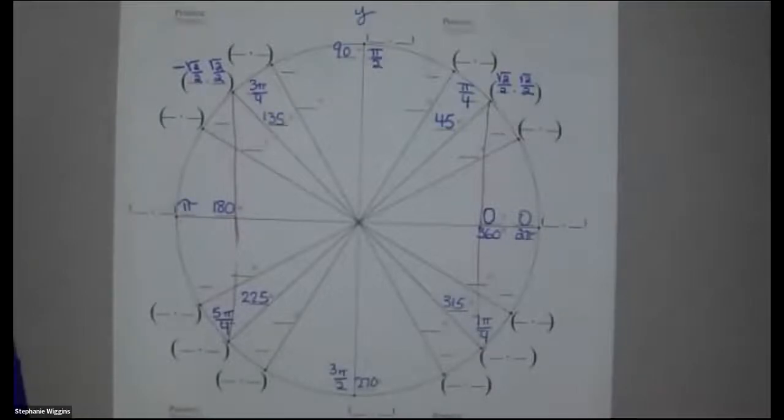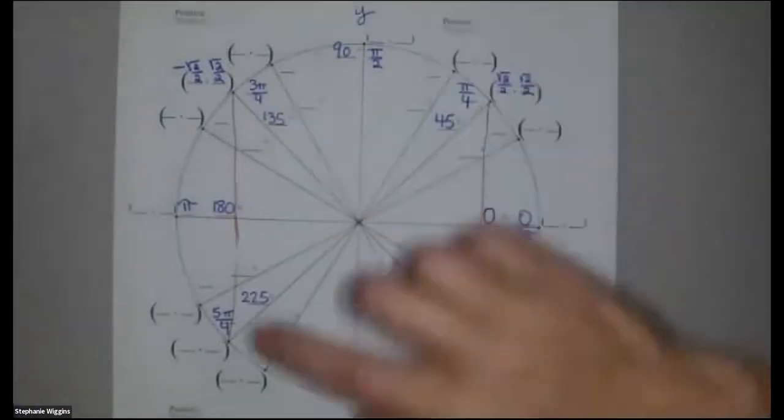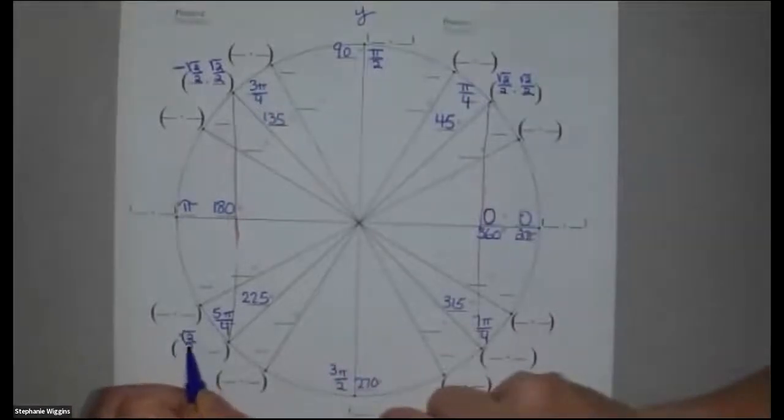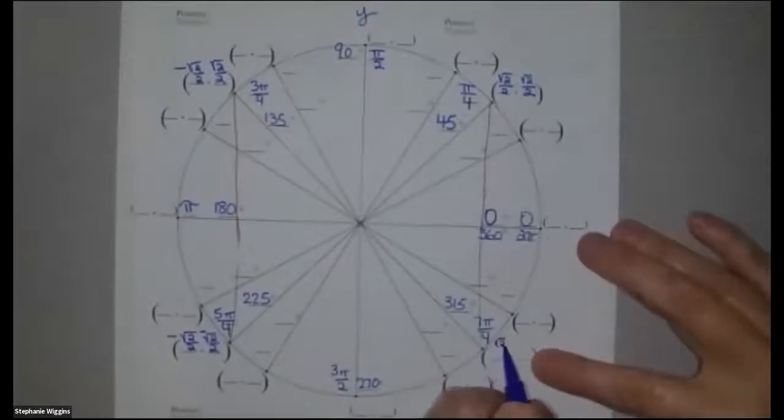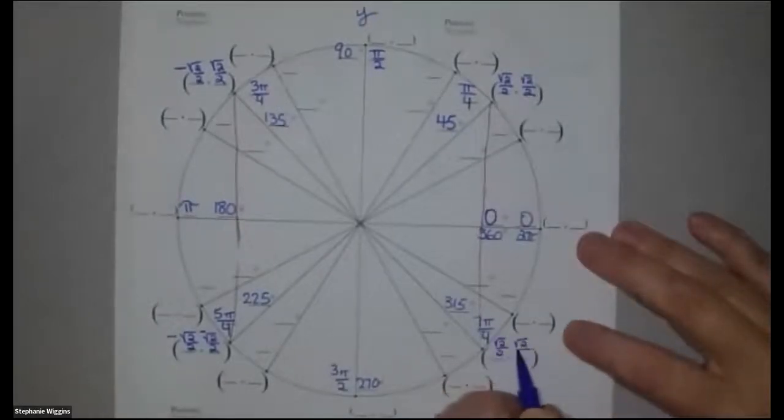The only difference is going to be the sign. So here we're going to have square root of 2 over 2, square root of 2 over 2. But both of these are in the third quadrant. So both x and y are negative in the third quadrant. Here we have square root of 2 over 2, square root of 2 over 2. Now the x is positive, the y is negative because we're in the fourth quadrant.